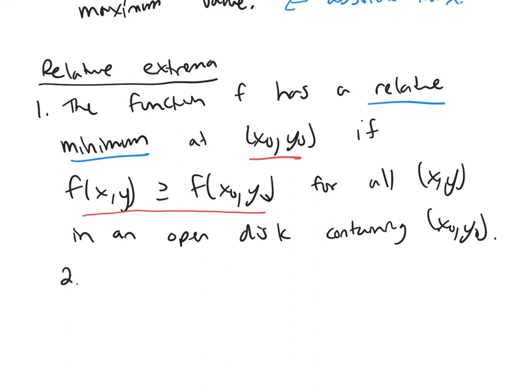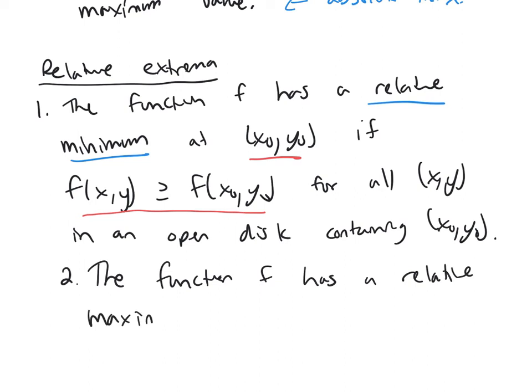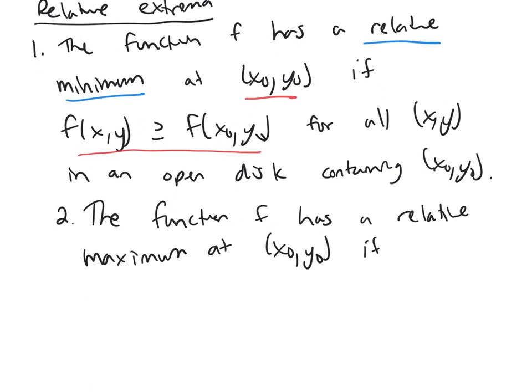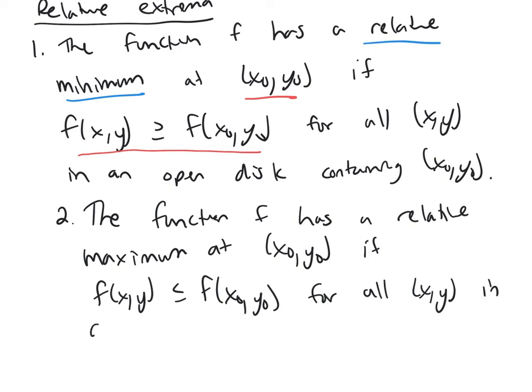And then you can define a relative maximum in a similar way. The function f has a relative maximum at the point x naught, y naught if f of x y is less than or equal to f of x naught, y naught for all x y in an open disk containing x naught, y naught.